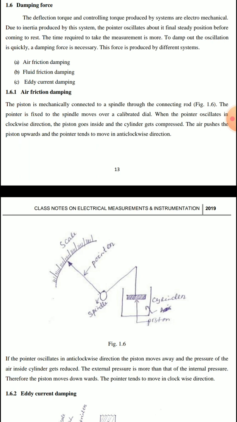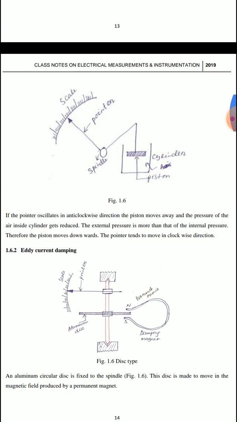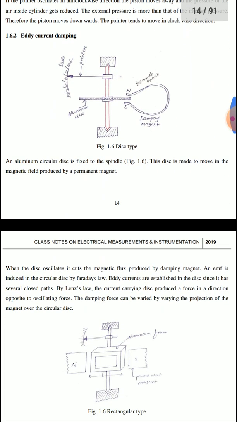So, this piston makes the pointer retain a stable position by damping out the oscillations. A similar function applies in the case of fluid friction. That friction is provided by a fluid, which could be oil. Let us see the next one, eddy current damping.